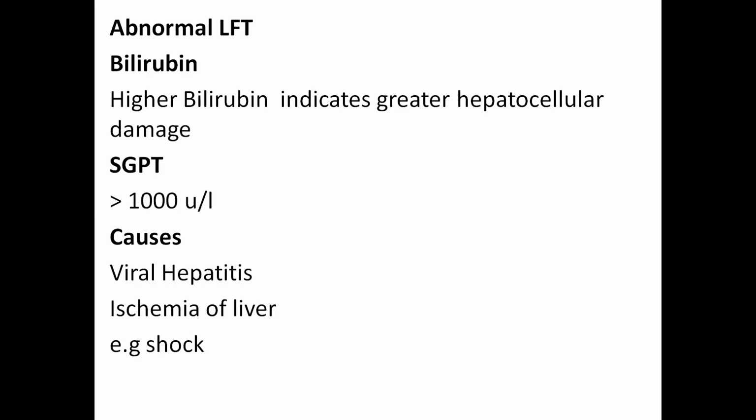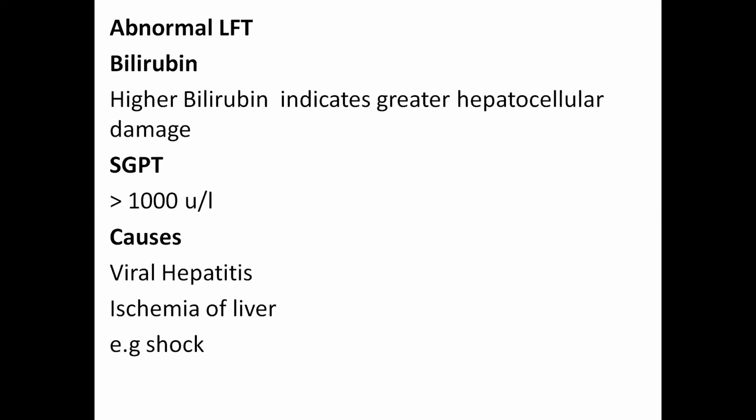It may be a congenital disease, for example, Gilbert syndrome. In hemolytic anemia, it is not increased more than 5 milligram. It is always less than 5 milligram. The importance of bilirubin is that it indicates the severity of the disease. The higher the serum bilirubin level, the more severe the liver disease.